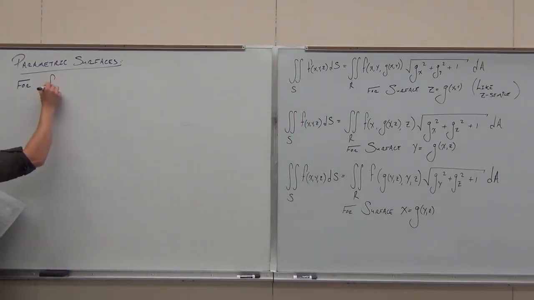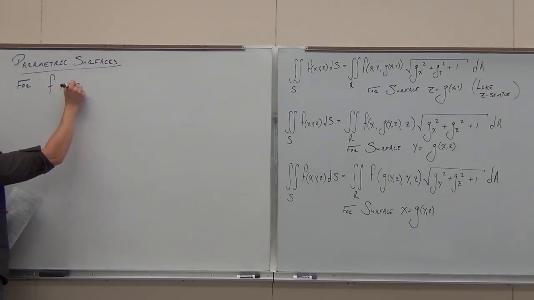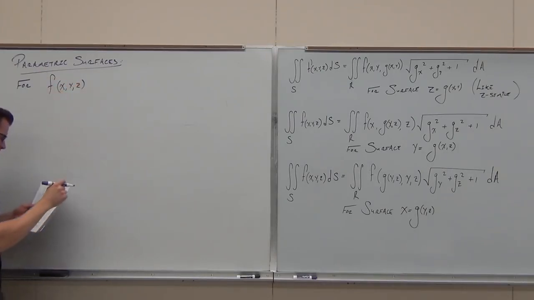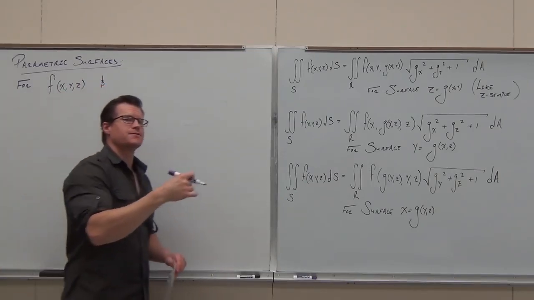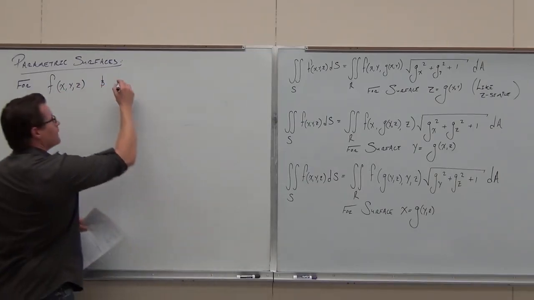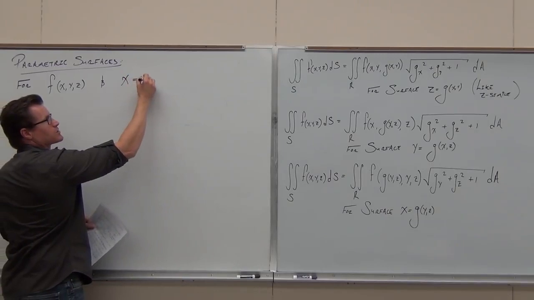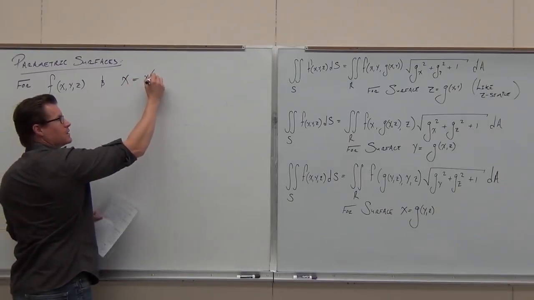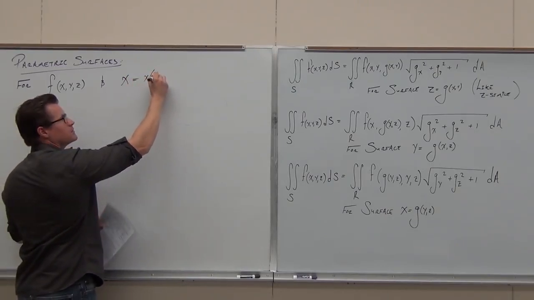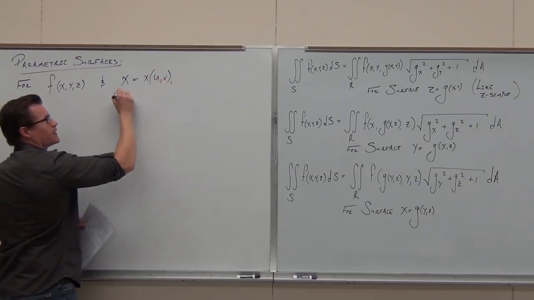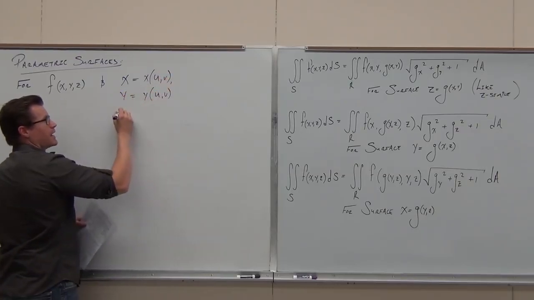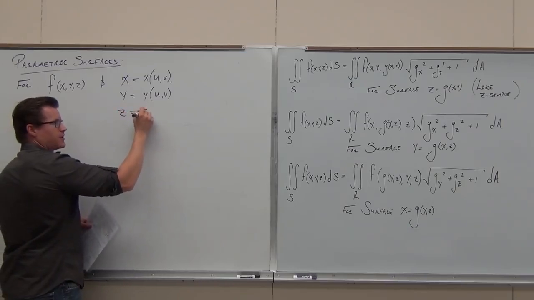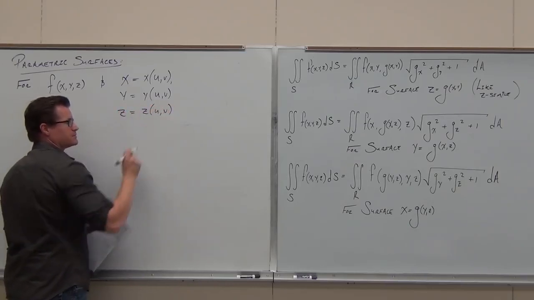So if you've got this function of x and y and z, and you can redefine x in terms of a function where x is defined in u's and v's, and y, where y can be a function defined in u's and v's, and z, where z is a function in terms of u's and v's.